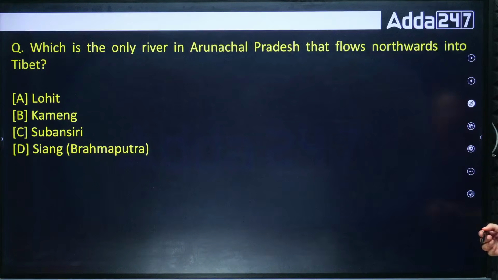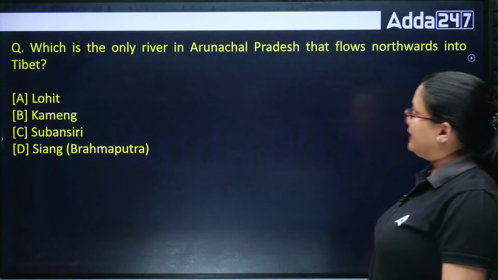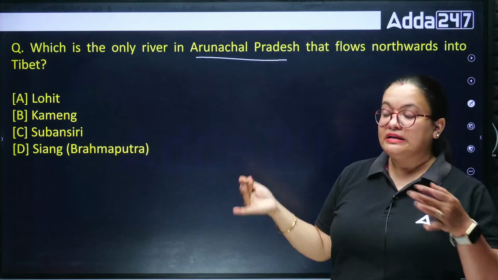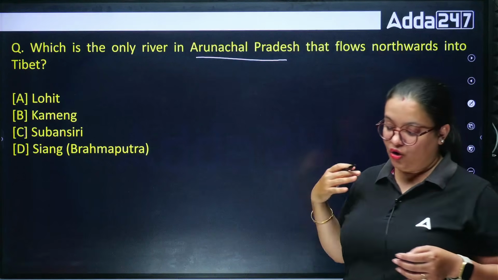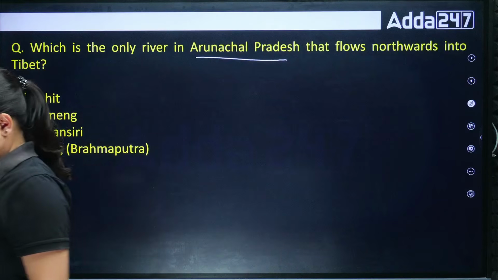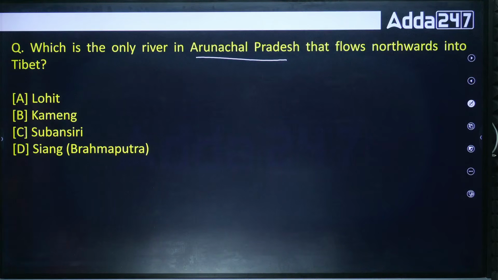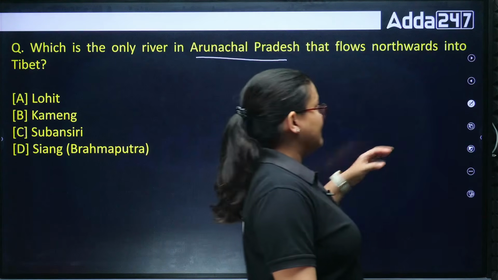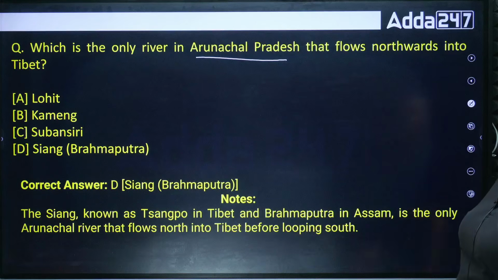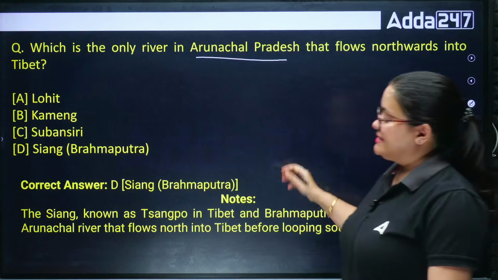Next, which is the only river in Arunachal Pradesh that flows northwards into Tibet? Here also we say Brahmaputra along the other states of India, the states where it is flowing, while in Arunachal Pradesh we call this river the great Siang river. Yes, we say Brahmaputra in the rest of the states, while Siang in Arunachal Pradesh.